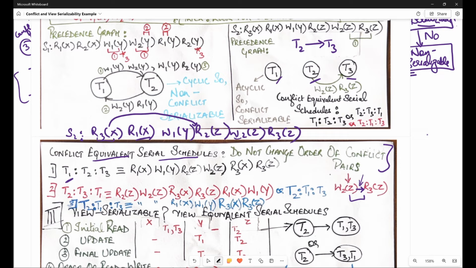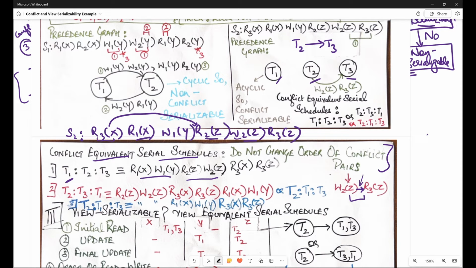So coming back to the problem, can we move T2 to the second position? Let's see which are the T2 operations: R2Z and W2Z. Yes, we can move them over here.